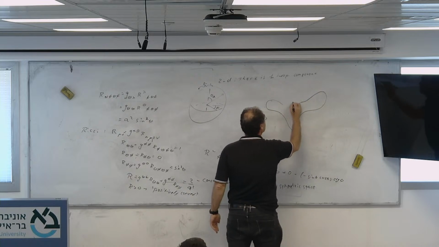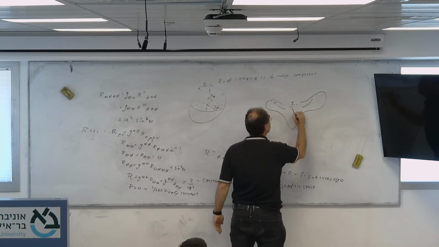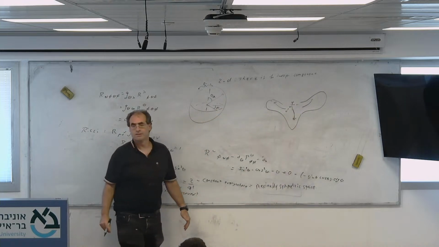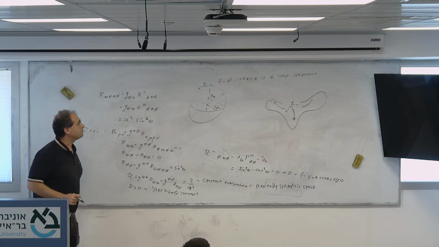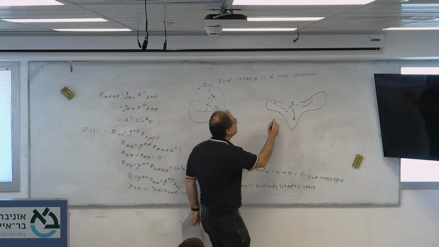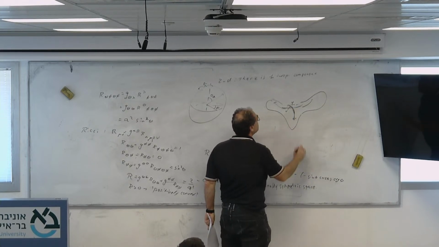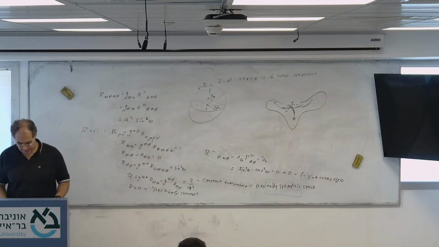If you're standing here, it will go one way in one direction, and the opposite way in another. That's a bit more difficult to envision, but the idea should be quite clear. That's a negatively curved two-dimensional space.